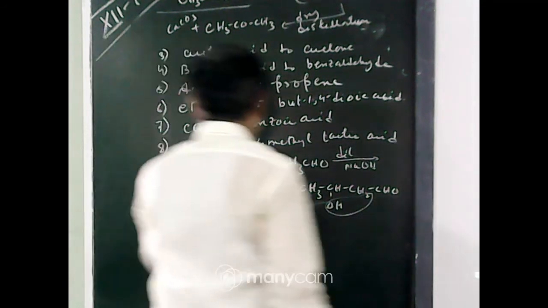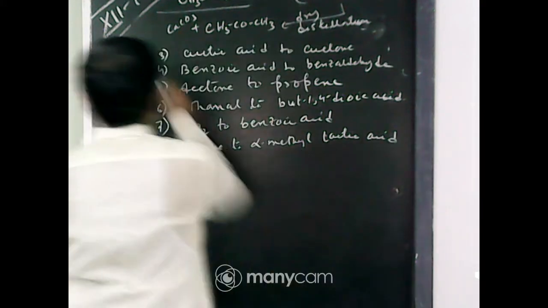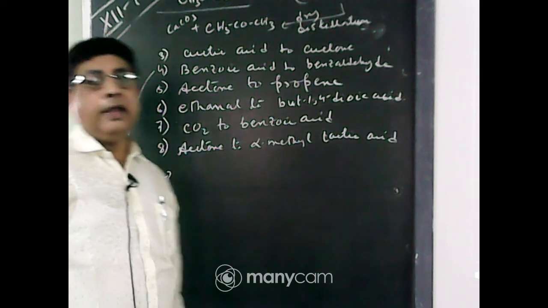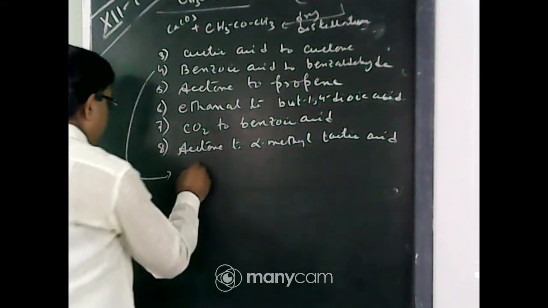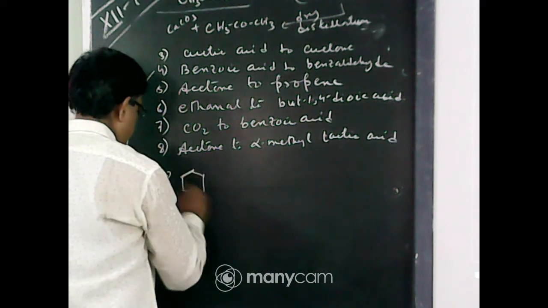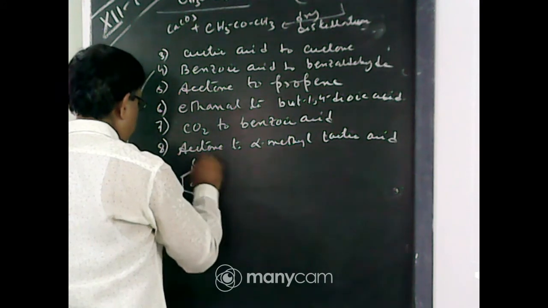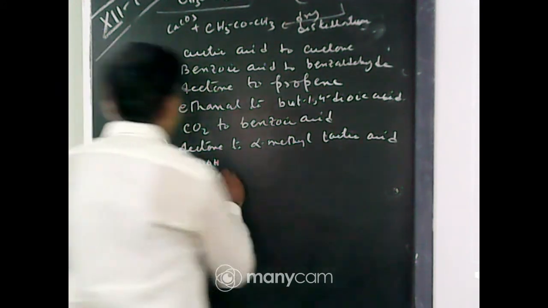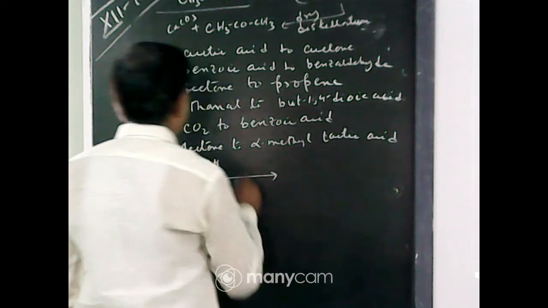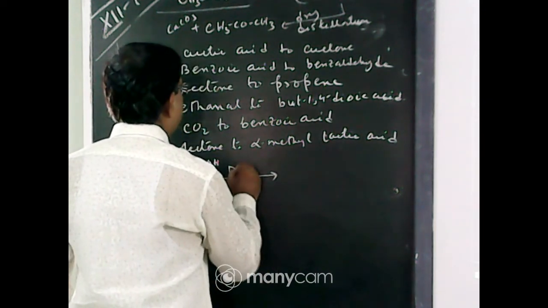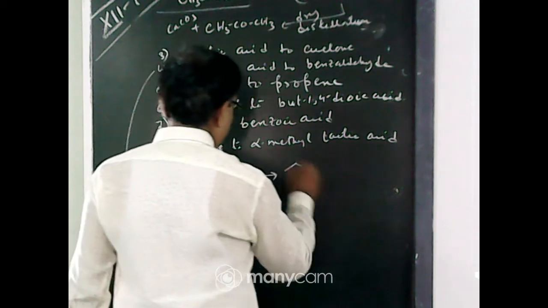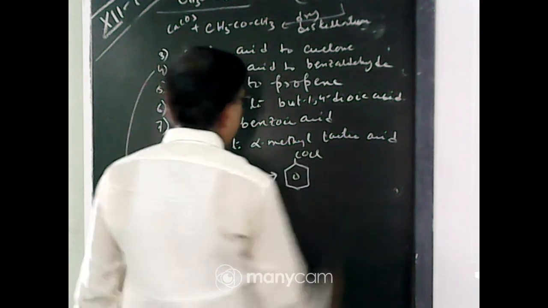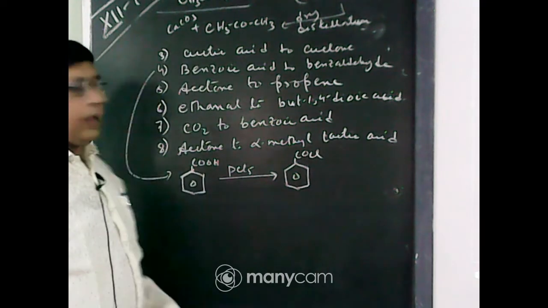Now next one, number 4, benzoic acid to benzaldehyde. What is the formula of benzoic acid? Benzene ring COOH. When benzoic acid is treated with PCl5, it forms benzoyl chloride, benzene ring COCl. Now you have to produce aldehyde.